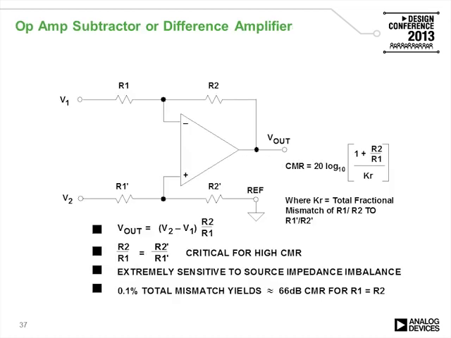Let's start with the difference amplifier, also called the op-amp subtractor. This amplifier circuit is comprised of an op-amp and 4 resistors. If we assume all 4 resistors to be the same, this circuit has a unity gain from the voltage difference presented between V1 and V2.